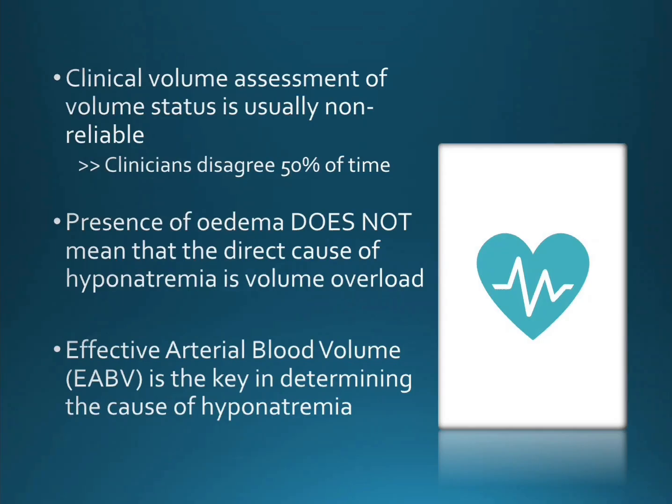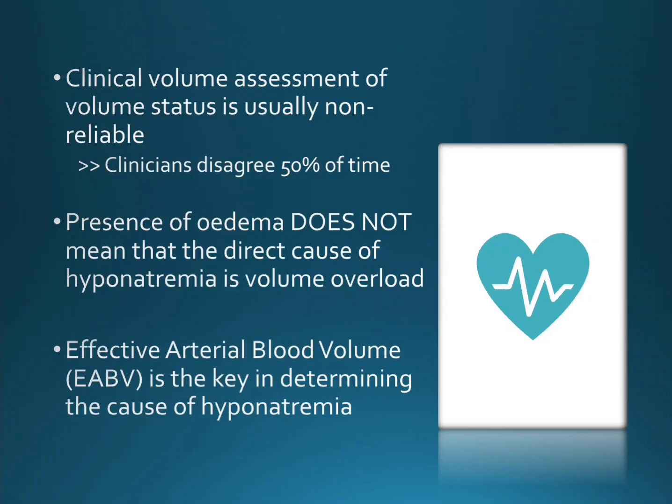There is a very important term that you should get used to, and that's the effective arterial blood volume, EABV, because it's the key in determining the cause of hyponatremia. So what's the effective arterial blood volume?